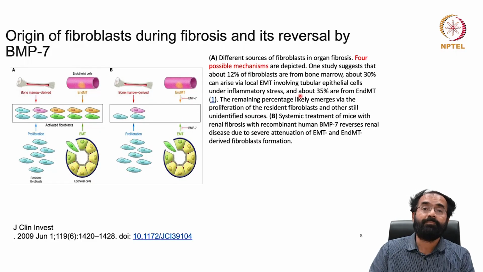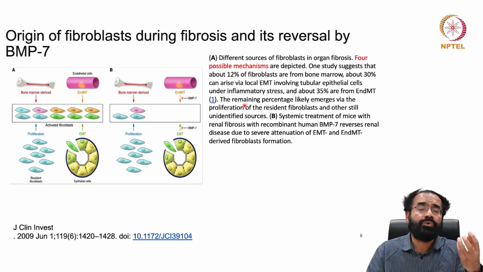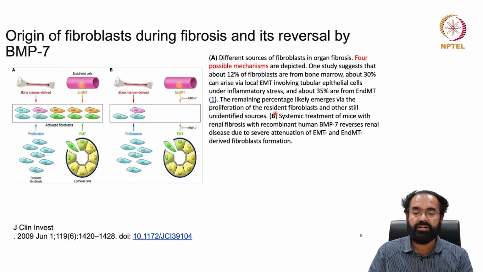And about 35% are from EndMT. That is formed by endothelial to mesenchymal transition, which is mainly due to stress-related inflammation. The remaining percentage likely emerges via the proliferation of resident fibroblasts and other still unidentified sources.